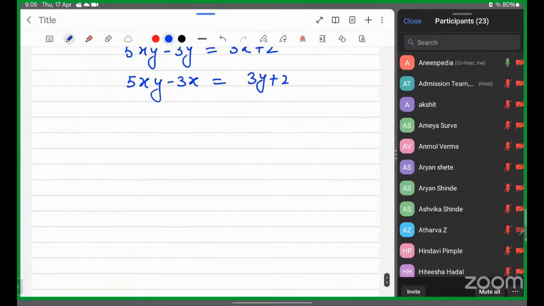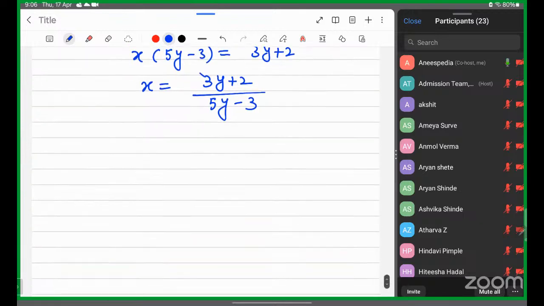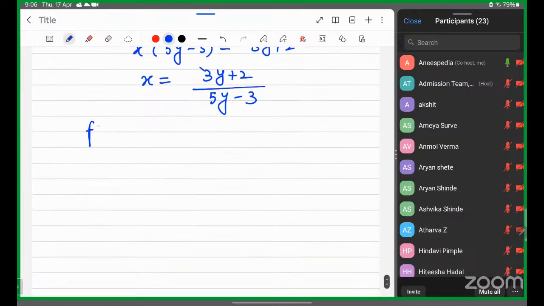If you take x common, this will be x times 5y minus 3 is equal to 3y plus 2. So x in terms of y will be 3y plus 2 divided by 5y minus 3. And when you write it as f inverse x, in place of y you have to replace x. So this will be 3x plus 2 upon 5x minus 3.